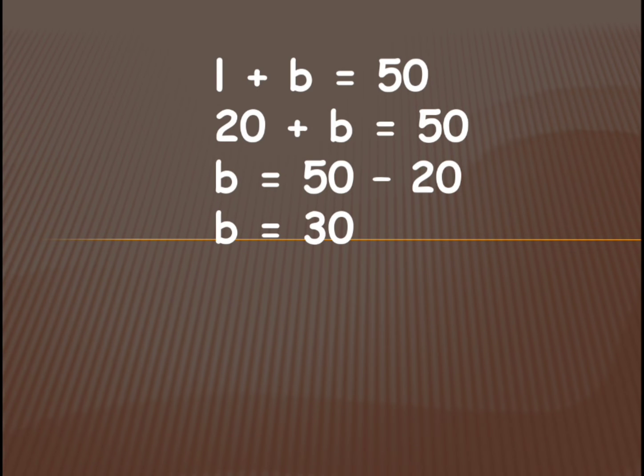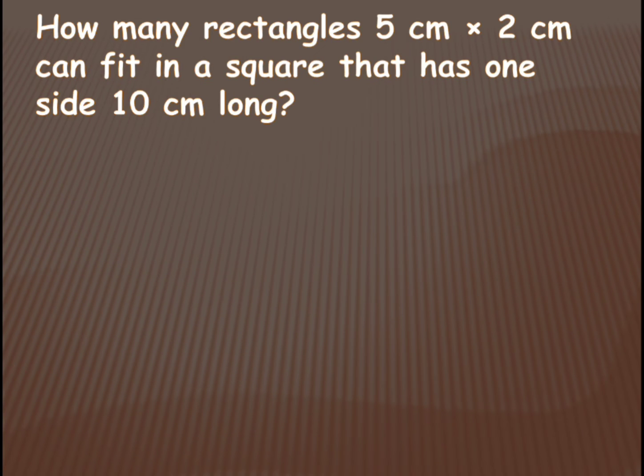Okay, now let's see the area problems. How many rectangles with the length 5 centimeters and breadth 2 centimeters can fit in a square that has a side of 10 centimeters? That means there is a square in which you have to fit the rectangles.